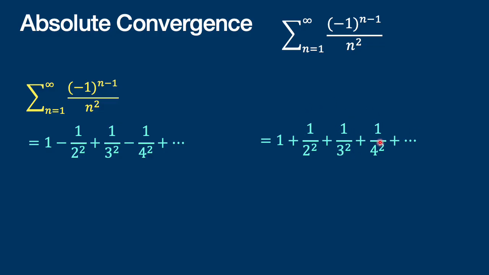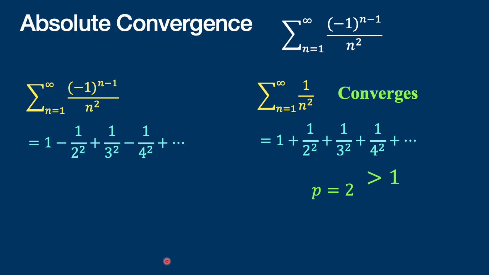So this one looks familiar. That's the P series. P value is 2. So this series converges. Why? Because P value is 2, and 2 is greater than 1. This series converges. So compare the two series. Which series is bigger?